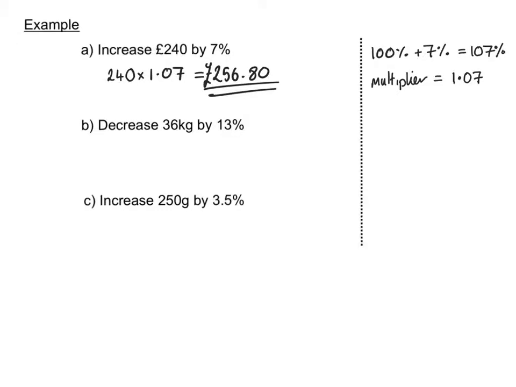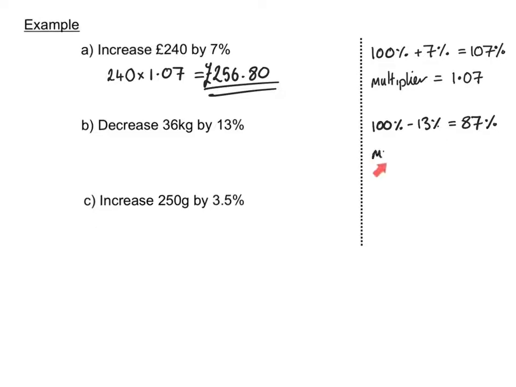In part B, it asks us to decrease this time: decrease 36 kilograms by 13%. If we're going to decrease, imagine we started off with 100% and we're subtracting 13% away from that. That's going to leave us 87%. So rather than working out 13% and then subtracting it, we can just find out what 87% is.